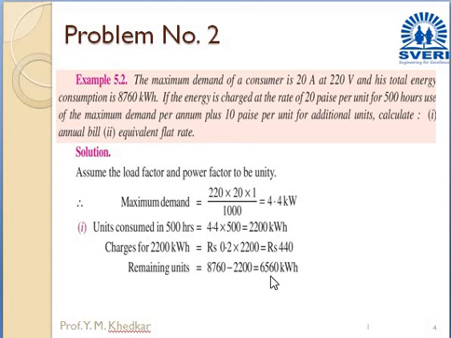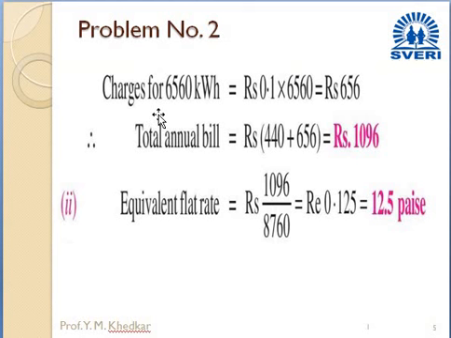So remaining units will be 6560 kilowatt hour. The next part, charges for the remaining 6560 units will be rupees 0.1 into 6560, which means rupees 656.